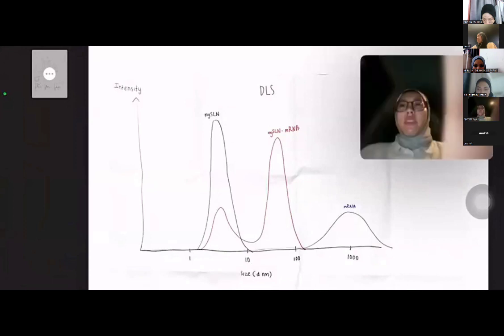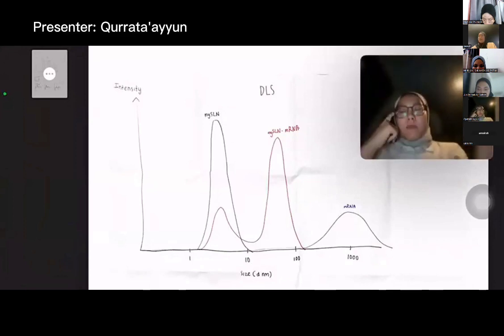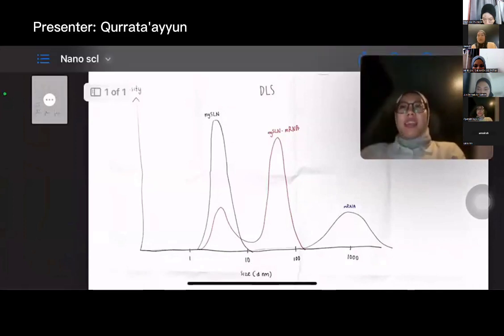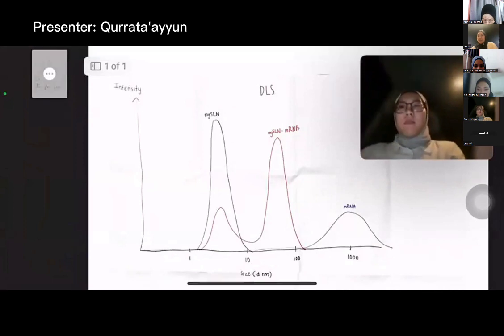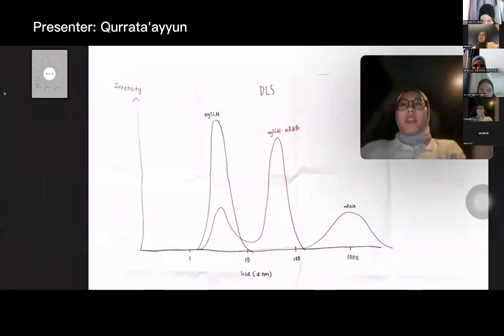Okay, for the DLS, you can see here that there are several graphs for my SLN, my SLN encapsulated with mRNA, and also mRNA. The graph is based on the intensity and the size.